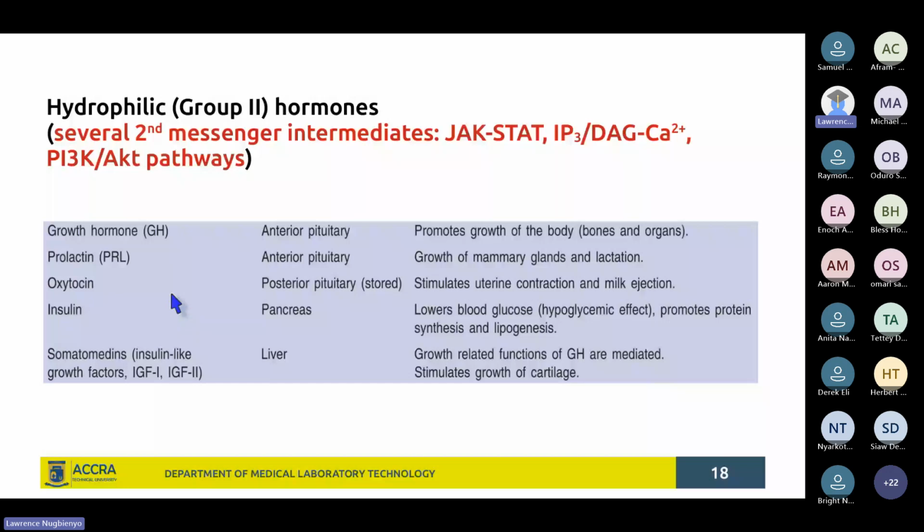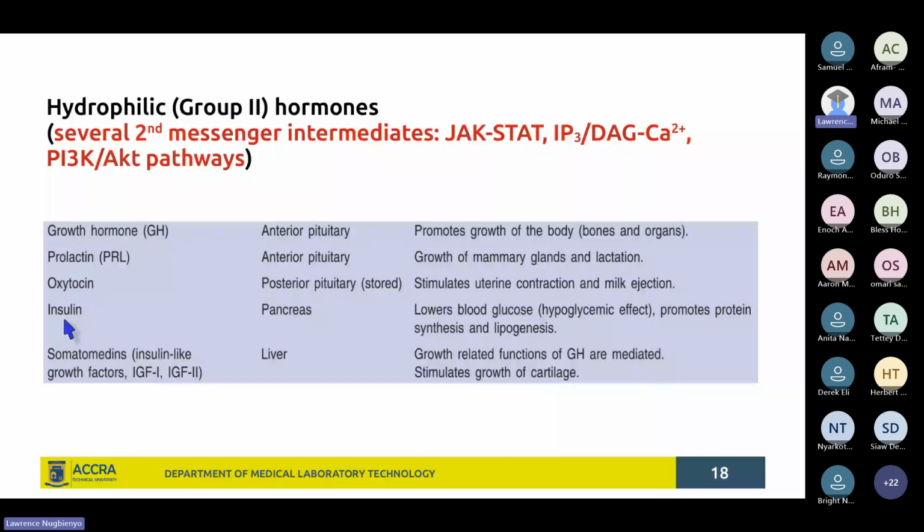So you see, this is what I mean by you have some of the hormones having a combination of some of these systems, so that we've seen insulin using the system of the cyclic adenosine monophosphate, but in that process, insulin was acting as an inhibitor, either in the process of the conversion of ATP to cyclic adenosine monophosphate, or it was acting to convert the cyclic adenosine monophosphate into its linear form.